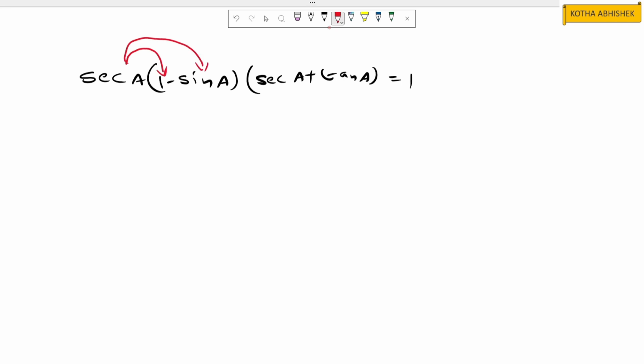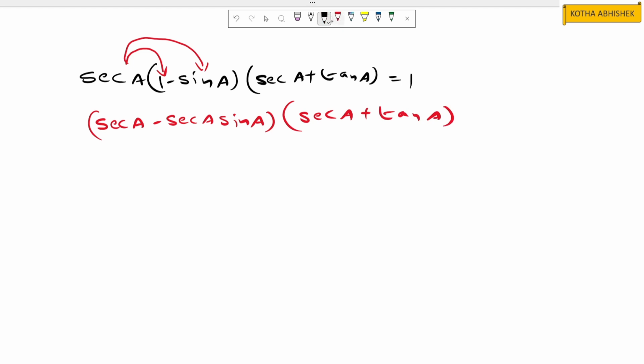So sec A into 1, sec A, minus sec A into sin A, into this total term as it is, sec A plus tan A. Next, here sec A as it is minus this sec A, I am converting it as 1 by cos A. Secant and cos are reciprocals of each other.